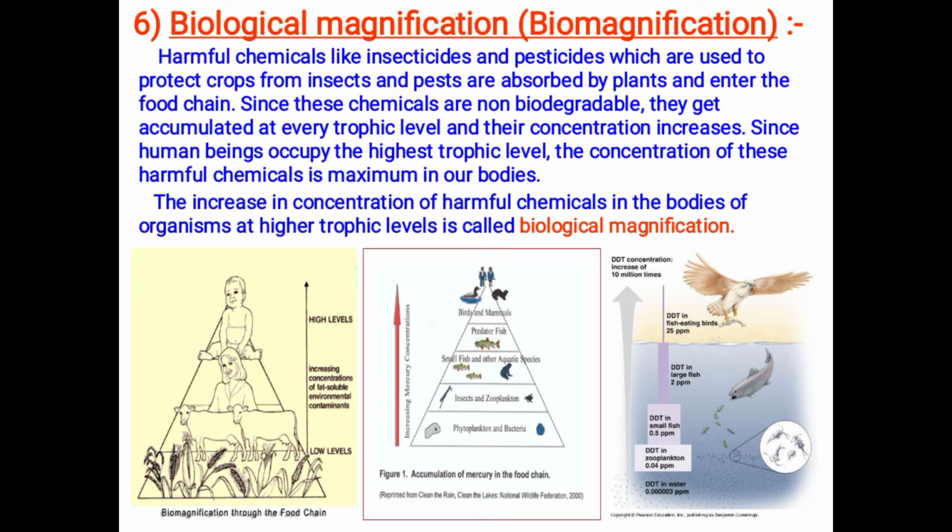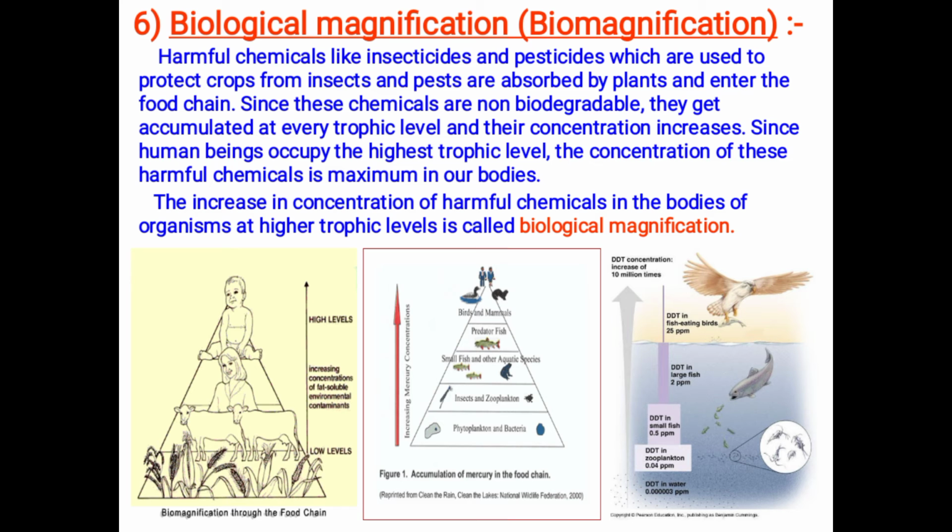It is nothing but the concentration or the amount of chemicals which are harmful for us increasing in our body. So what happens here? Harmful chemicals like pesticides and insecticides, the farmers will usually use them to protect the crops, right?